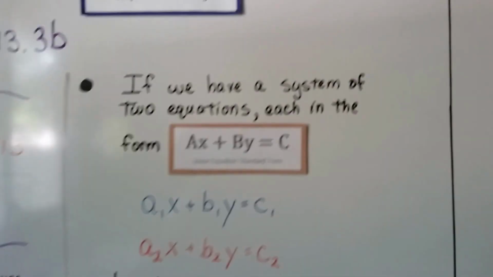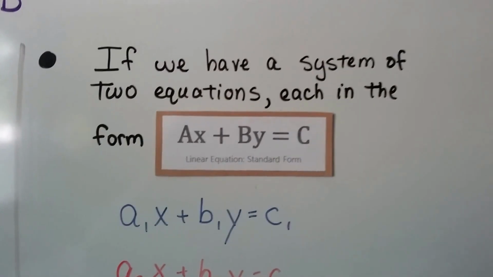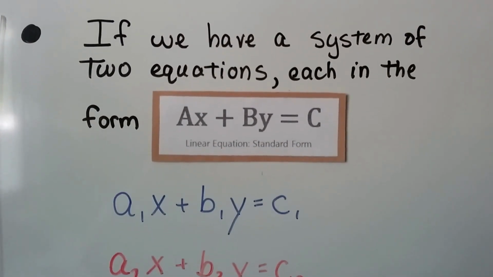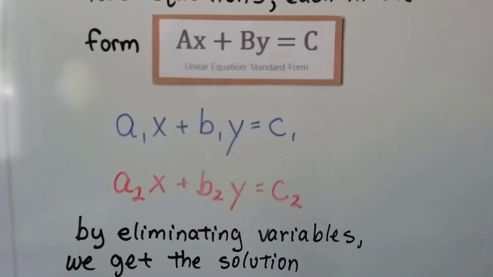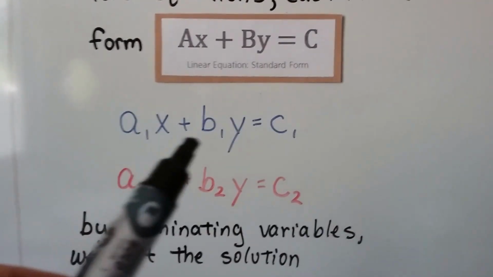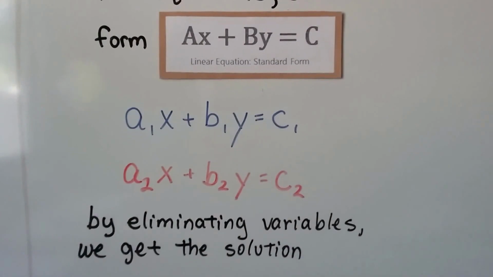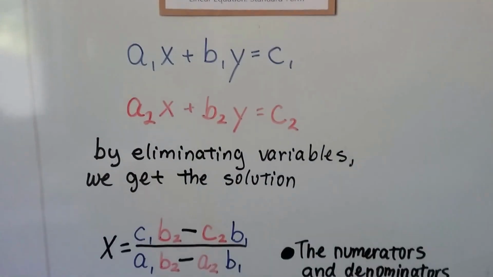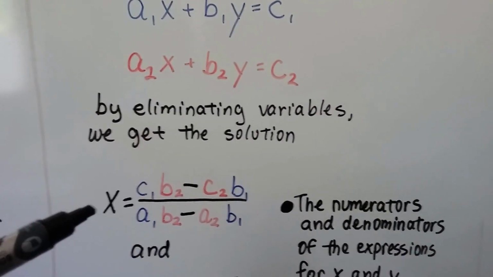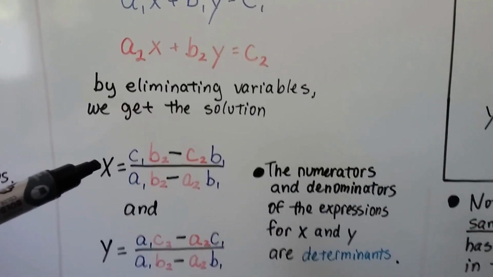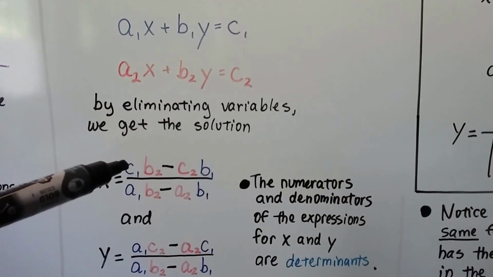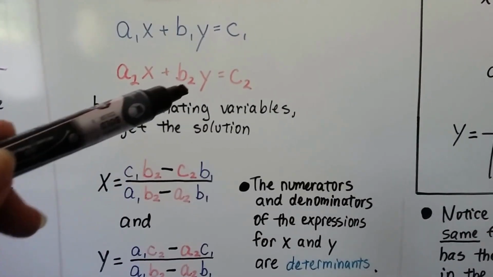So we have a system of 2 equations, each in linear equation standard form, ax plus by equals c. You can see the little subscripts showing this is the first equation and this is the second equation. By eliminating the variables, we get our solution. For x, we take the first c and multiply it by the second b.